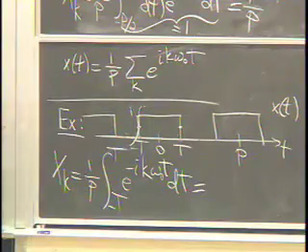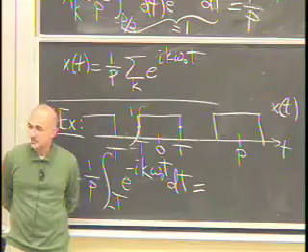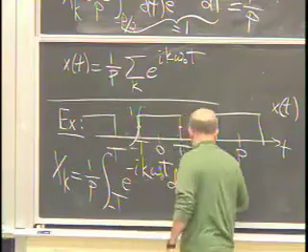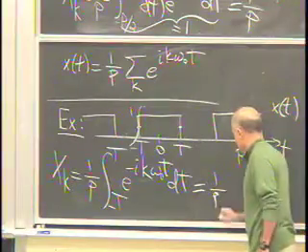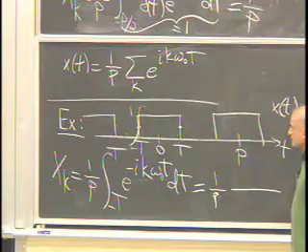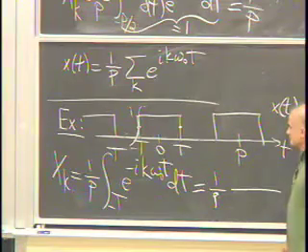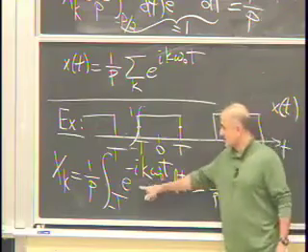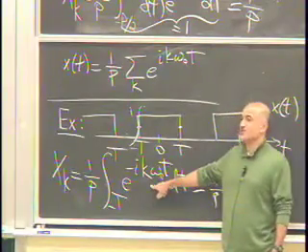Okay. What have we got? The first thing we did here is we changed the complex exponential into sines and cosines. You're telling me integrating a complex exponential is more difficult than a sine or cosine?